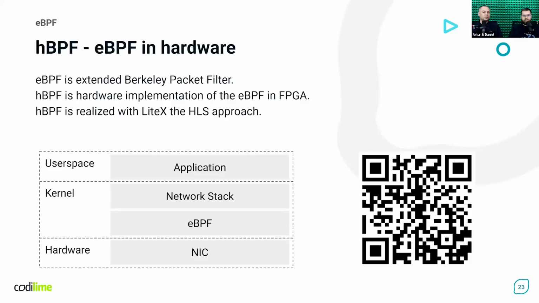The core functionality of eBPF lies in a special processor emulated in the kernel, which understands its own set of instructions. For our hardware solution, we used the hBPF project, which implements the eBPF processor as a softcore. By softcore, I understand a processor described by a hardware description language.